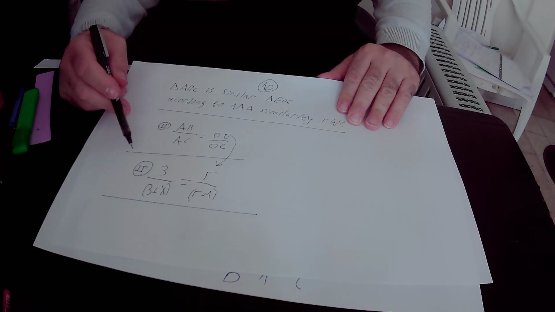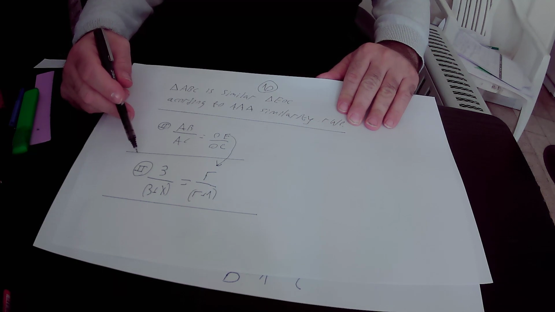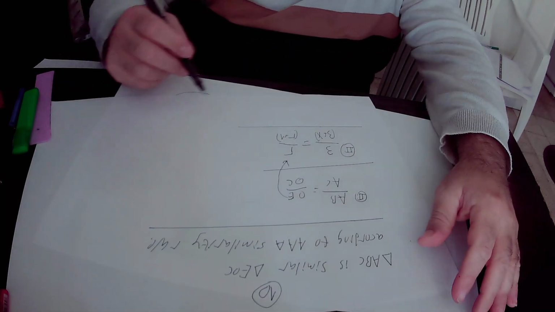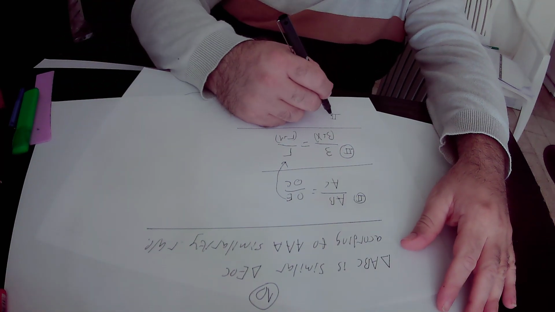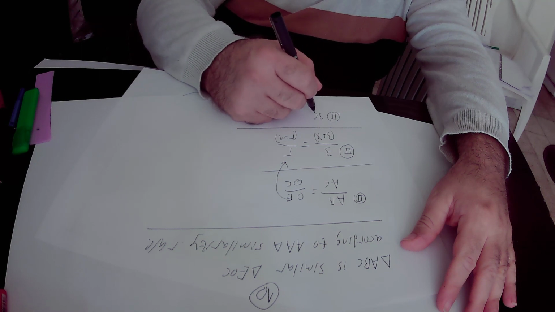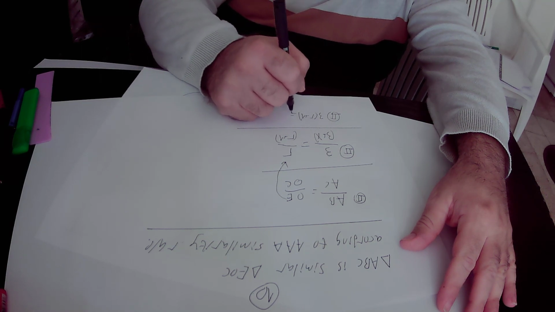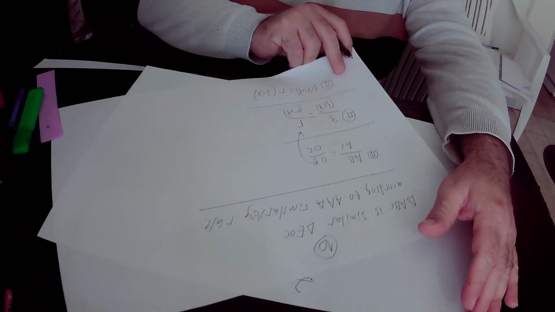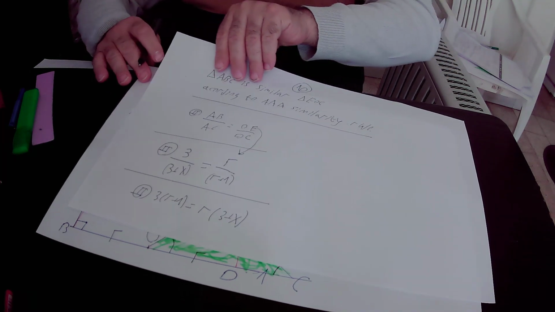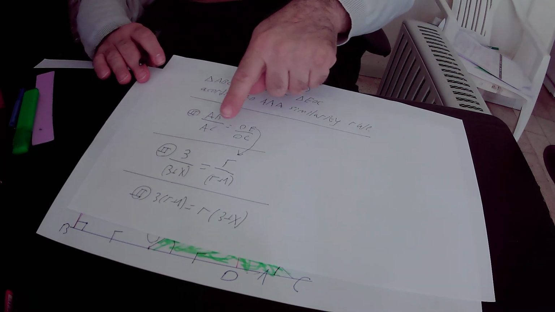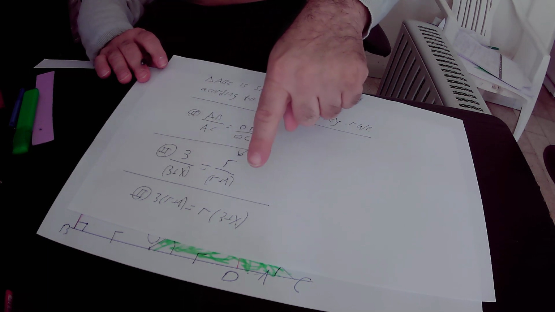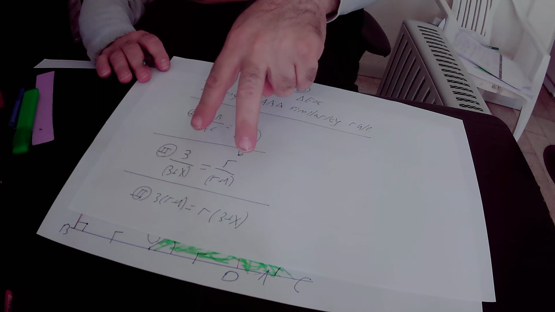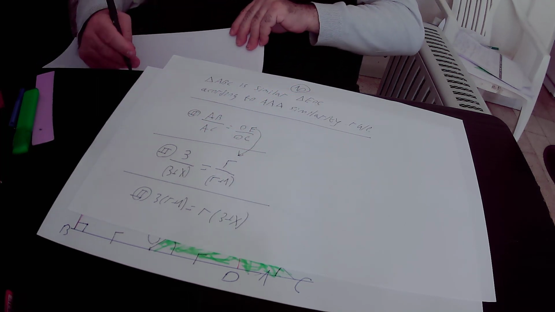Here we will cross multiply equation number 2 and we will get that 3 times R plus 1 equals R times 3 plus x. Here we will open the brackets on both sides of equation number 2.